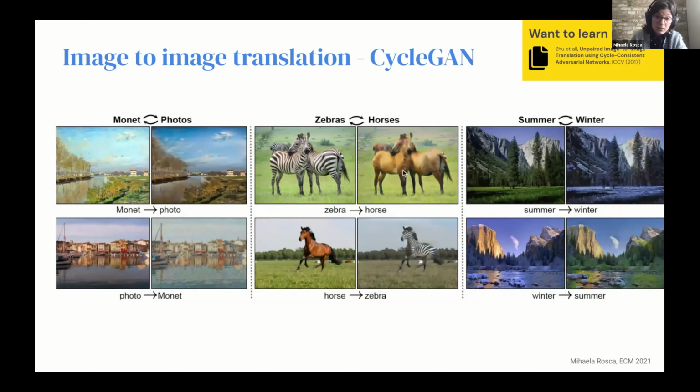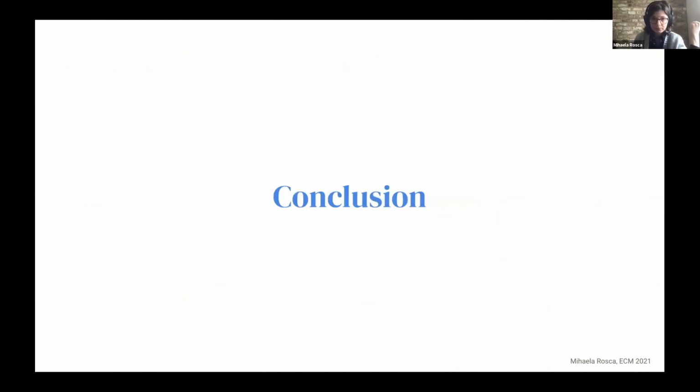So you would have needed a picture of horses sitting in the same exact positions as the zebras, which would have been very prohibitive, especially if we think of other types of things that we might do, such as turn Monet paintings to photos, because we might not know where Monet had painted that, or that place might not exist. But with these kinds of methods that we've seen, we can actually go ahead and do that, for example, using GANs.